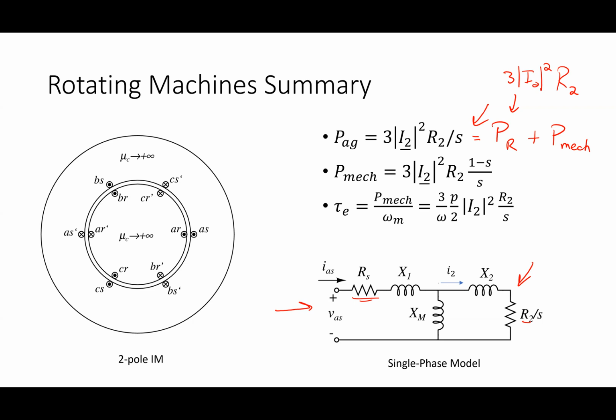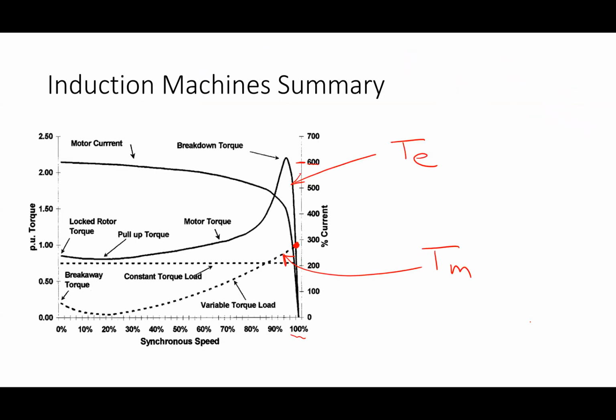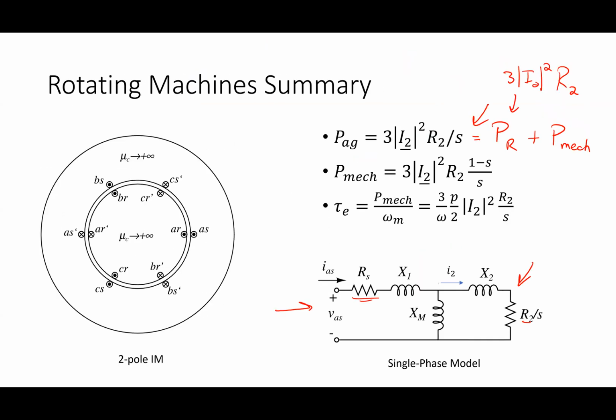All right, so let me go back to this example then. What I want to do is get to calculating all of those things. For me to get to the torque, what do I need to calculate? There's power. I have to go to the circuit model. If I go back and look at my torque relationship, I have to get to an understanding of what I2 is.